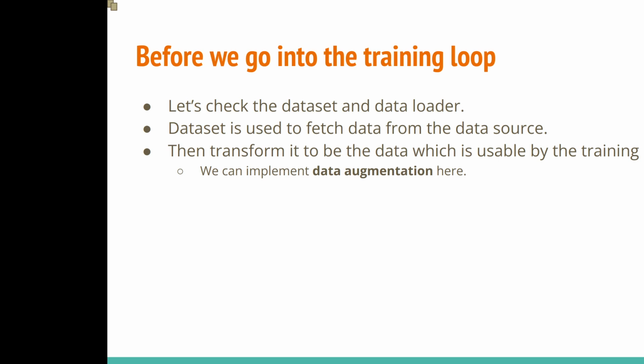Typically we will define where the data is and how much data we have in the dataset and what transformation we want to implement for the dataset. After the data is read from the file system or any other data sources, we need to transform it into data which is usable by the training loop. First we need to implement data augmentation, for example to crop and cover the data or to resize the data to the resolution required by the model, or we need to add some noise or some small changes to the image so that the model will be more robust.